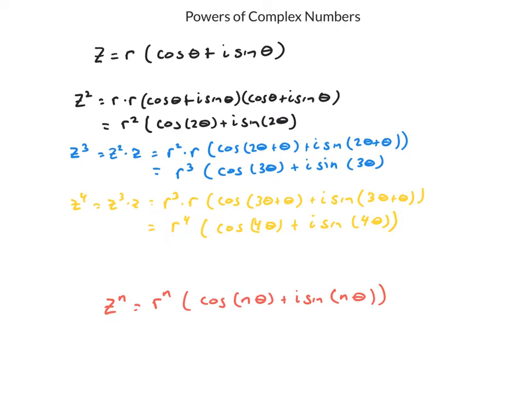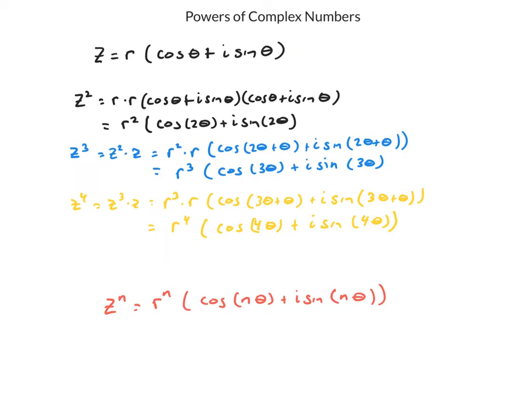What we saw previously with the product is that this ends up being r squared times the cosine of the sum of the two arguments plus i sine of the sum of the two arguments. So that becomes r squared times the cosine of 2 theta plus i sine of 2 theta. That is the value of z squared, the square of this particular complex number.